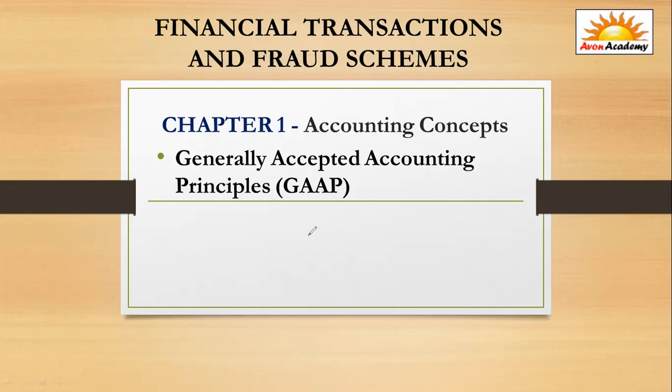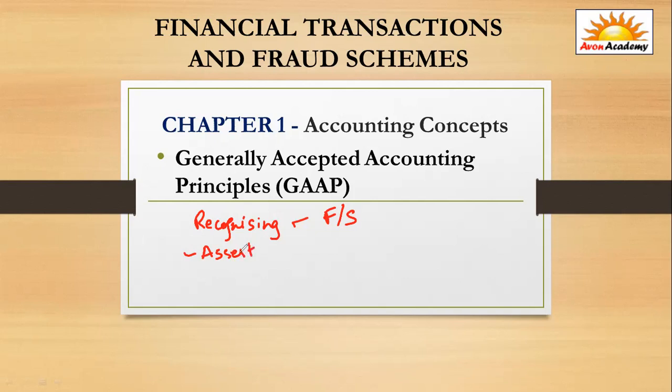Then apart from the qualitative aspect, GAAP also has the recognition, right? So GAAP also helps you in recognizing. All the financial statements that you have, you have different elements in the financial statements and your income statement, right? Like your assets. So how do you classify one is an asset and another is not an asset?